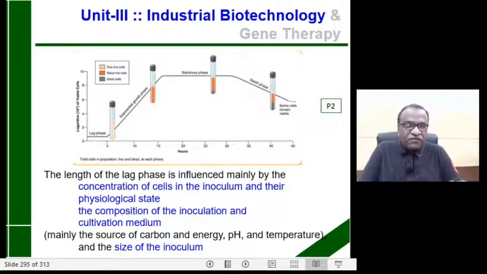So these are some of the important factors that influence the length of the lag phase. If you want to shorten the length of the lag phase, these factors have to be critically resolved.